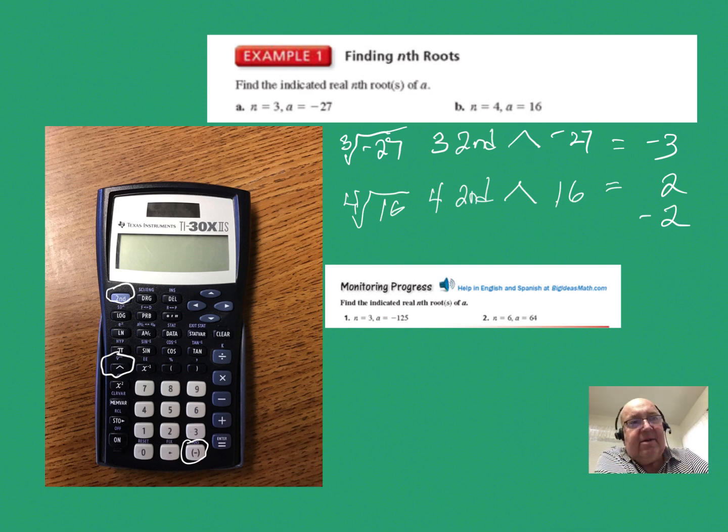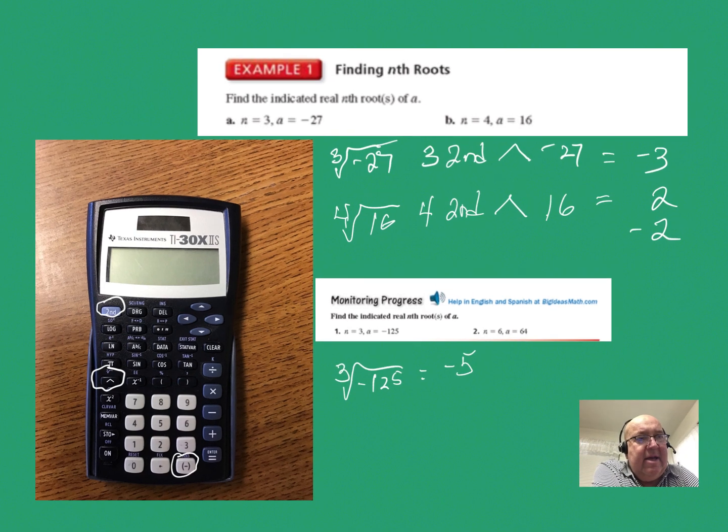All right, so I'm not going to go through the keystrokes for the other two problems down here. We're looking for the third root of negative 125. Anytime you have something ending in 5, it's more likely that the root you're going to find is going to be 5. And it is negative 5 because of the negative.